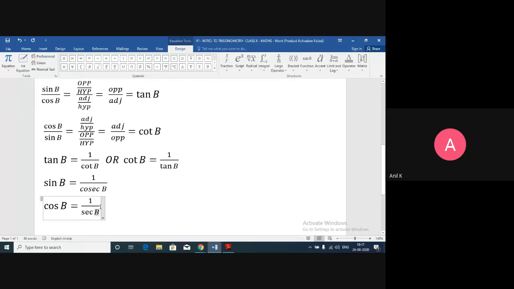Do you want me to write other formulas also? Let me put once. Then I'll get sec B equals 1 upon cos B. Here also, if you want, let me add this formula also.